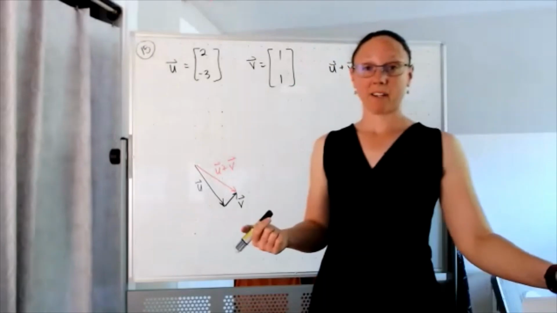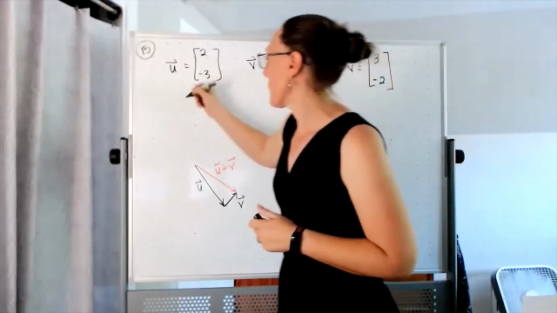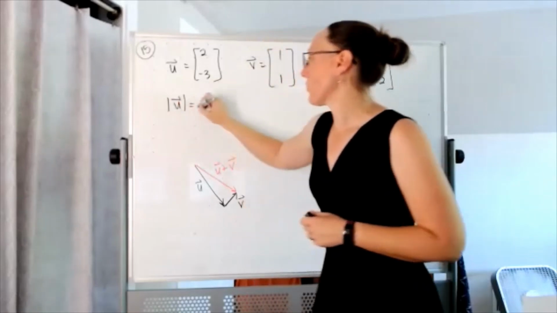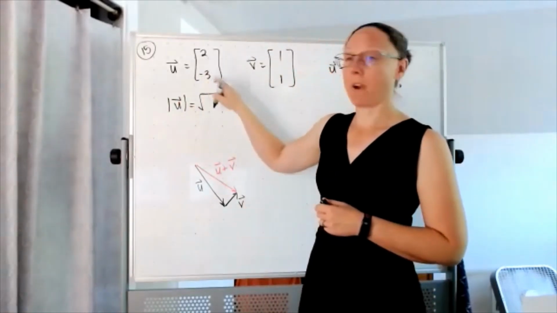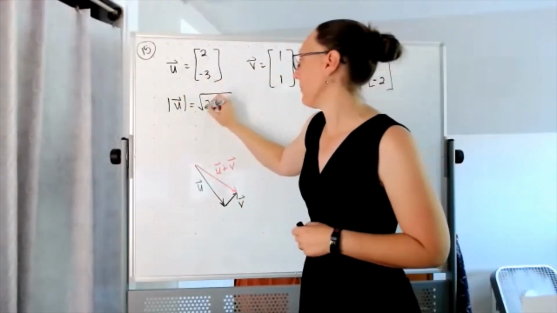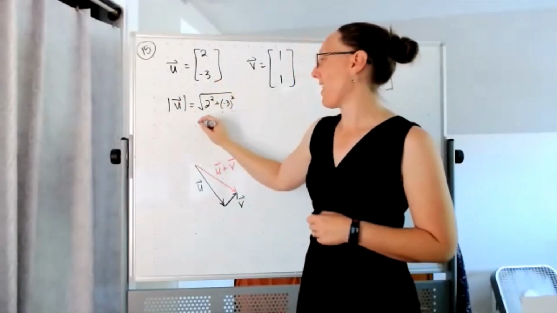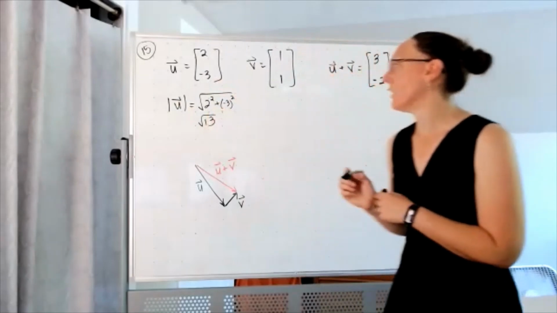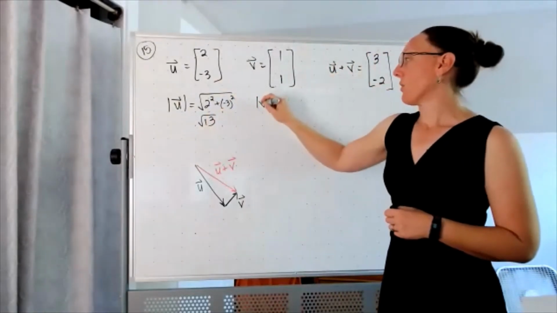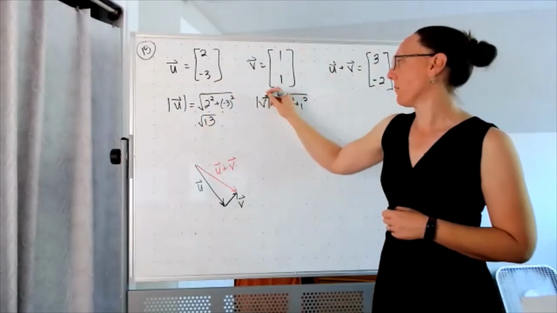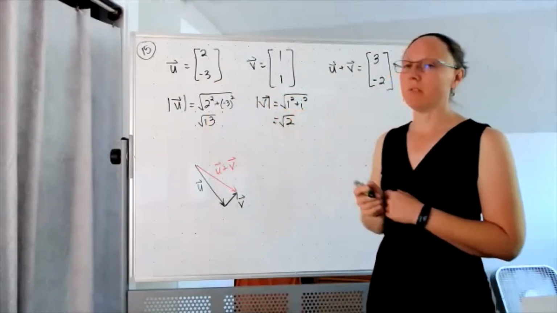I asked for the magnitude of each of the vectors. So let's quickly get our magnitude of u, which would look like the square root of 2 squared plus -3 squared. That's 4 plus 9, so the square root of 13. My magnitude of v would be the square root of 1 squared plus 1 squared, or the square root of 2.